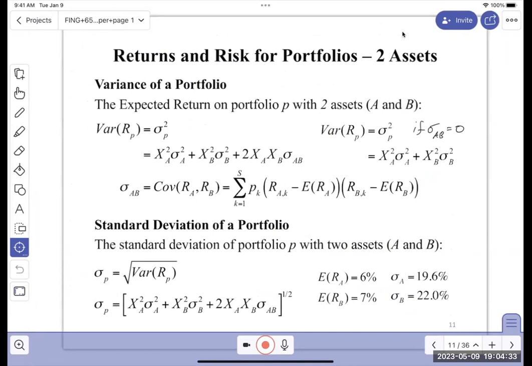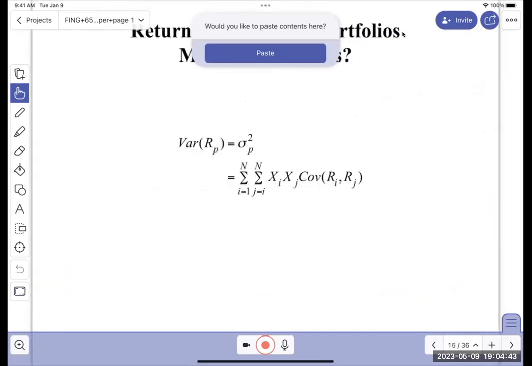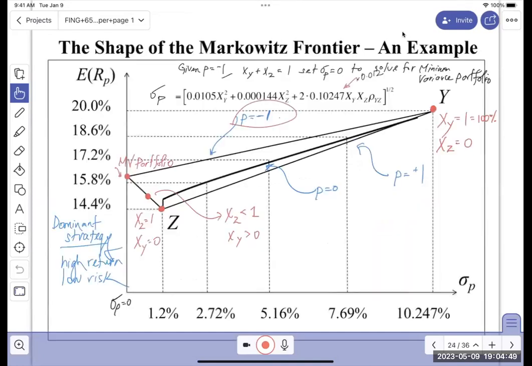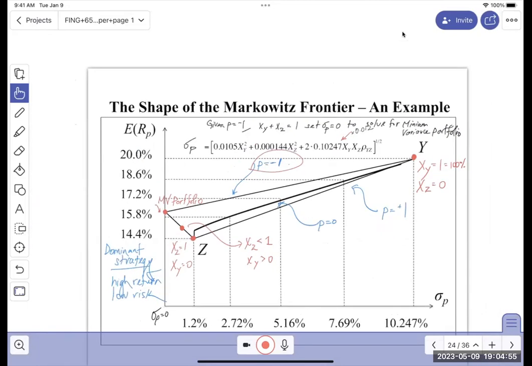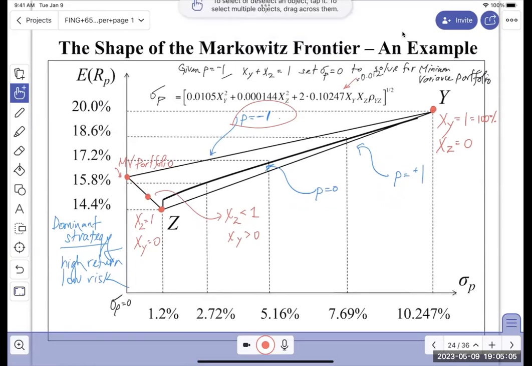This formula here. Oh well, anyway, so that's the formula.